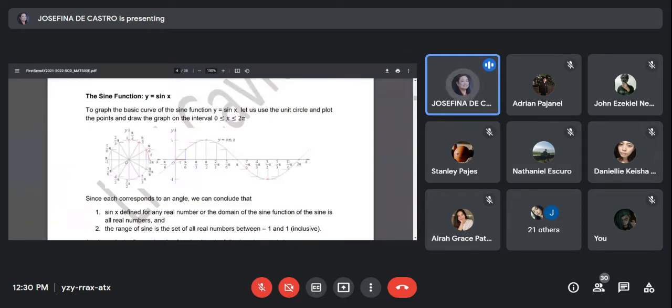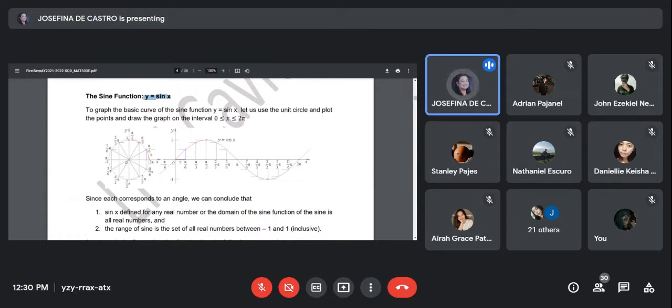And then, we get the value of sines. So, y is equal to sine x. So, x represents the angle, all the angles from 0 to 2 pi, 360 degrees. Radian measure tayo, class, ha? Radian measure. And then, ang y natin will be the corresponding value of that sine.